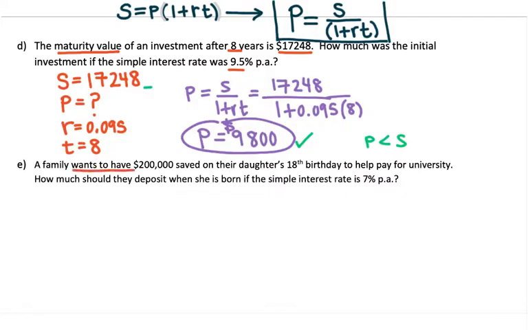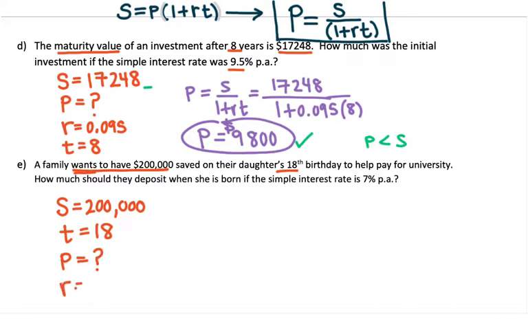All right, let's do another example that's similar. They want to have 200,000. That means they don't have it now. That means they want it in the future. The future value is 200,000, and they want it on their daughter's 18th birthday. So that would be time equals 18 years after she is born, because they want to pay for her university. So what should they deposit when she is born? At the very start, at the beginning, what should they deposit?